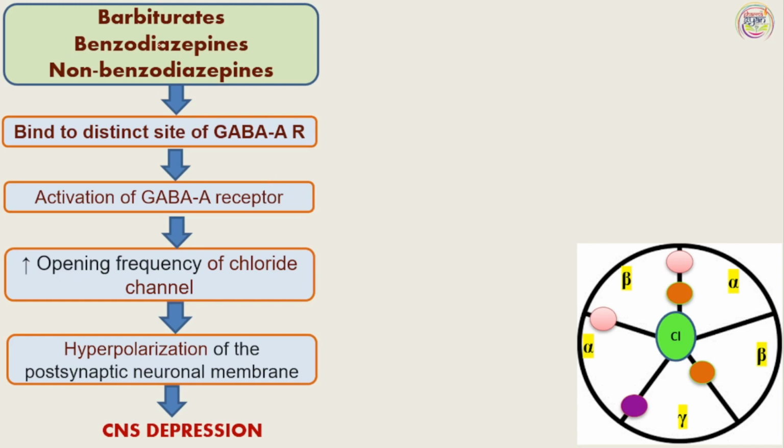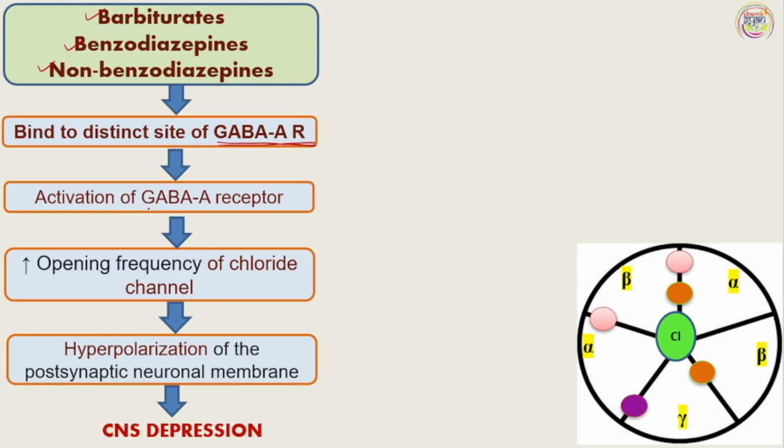So what is happening here? Either the barbiturates, benzodiazepines, or non-benzodiazepines, the Z drugs, bind to a distinct site of the GABA A receptor. This causes activation of the GABA A receptor.